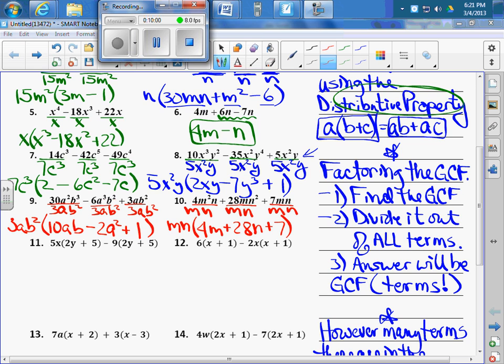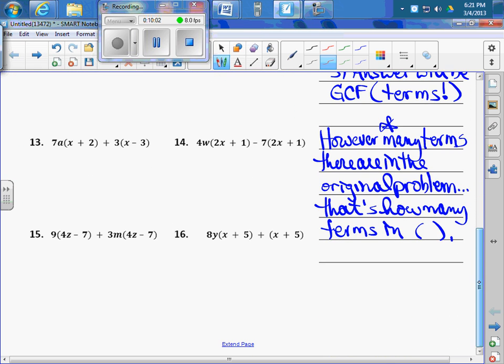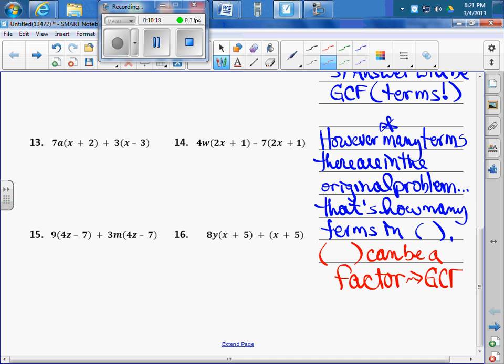All right, now going on to numbers 11 through 16. Here's another thing we need to keep in mind. Parentheses can be a factor, which means it could also be a greatest common factor. Think about this.